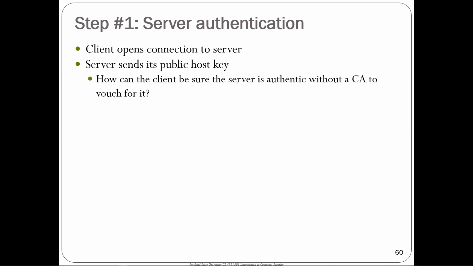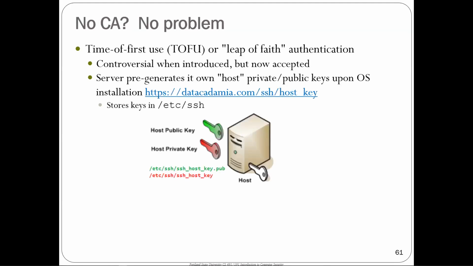How can the client be sure that this server is authentic? There is no CA that's going to vouch for this server's public host key. So the model that SSH takes is trust on first use, or leap of faith authentication. This was controversial when it was first introduced, but now it's just accepted.